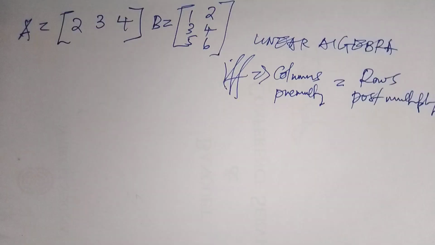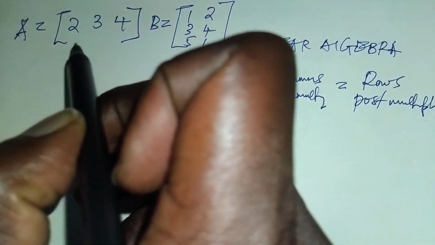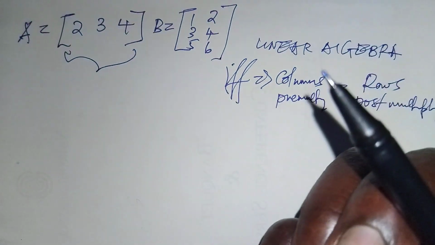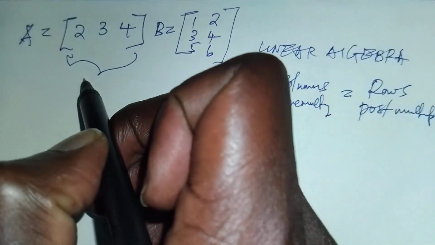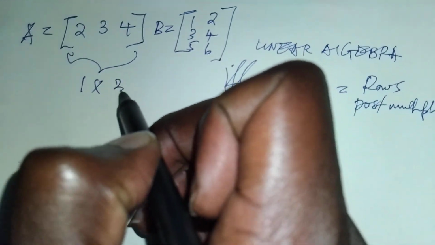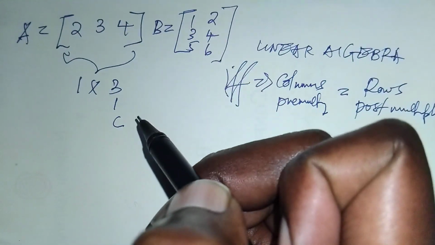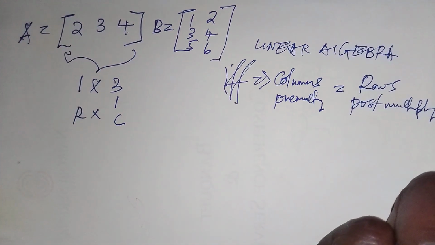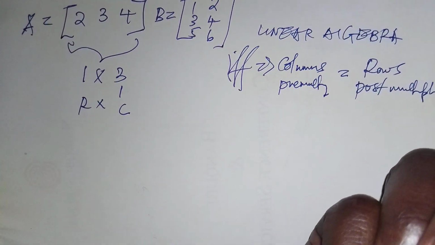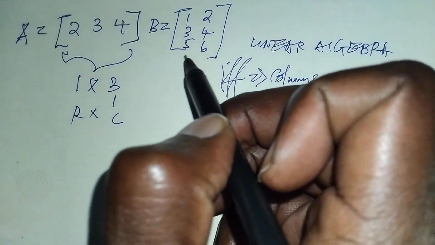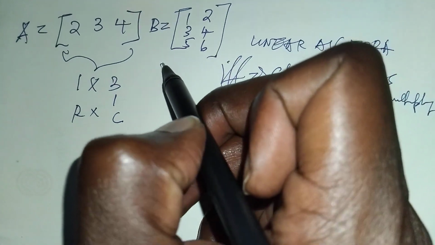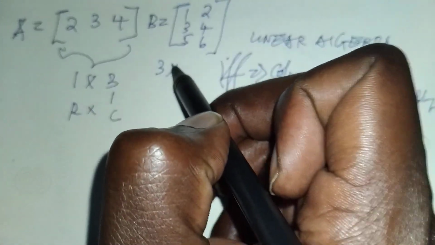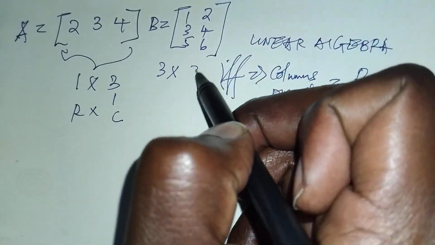matrix. So you have to investigate first, like this one, matrix A, which is 2 3 4. You have one row and 3 columns, so the columns are 3. You have the rows and the columns. It is order 1 times 3. Then this one is 3 times 2.